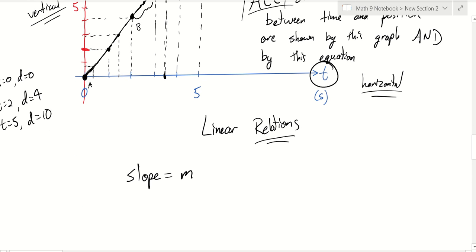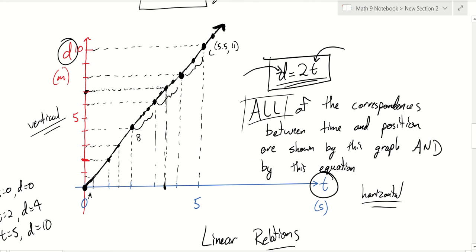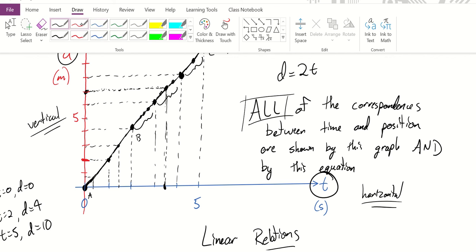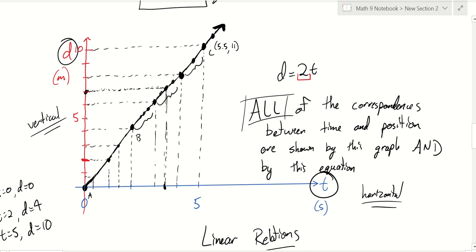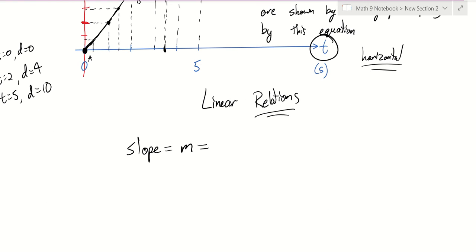It is what we usually call the m value. We know that the m value is really just the number in front of what we usually call our independent variable. So here our slope is really 2. So our m value is 2 here.